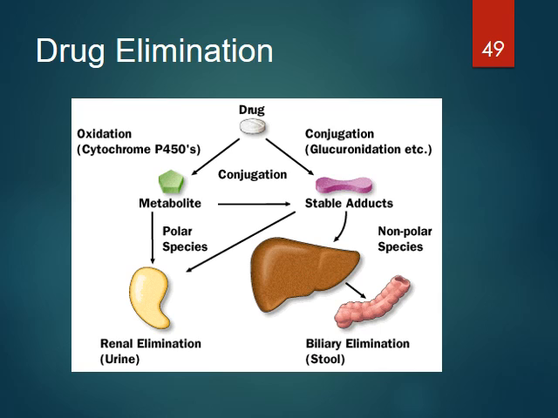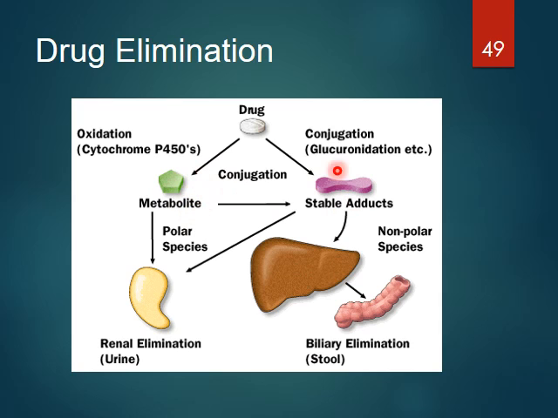So again, just to show you the process that's occurring here in pictorial form, once you have a drug that's absorbed and is in the central circulation, it's going to be metabolized through one of these phase 1 pathways, and may undergo phase 2 pathways as well. Once it's undergone a phase 1 pathway, if it's more polar, it may just be able to be eliminated from the kidneys without any further functional changes.